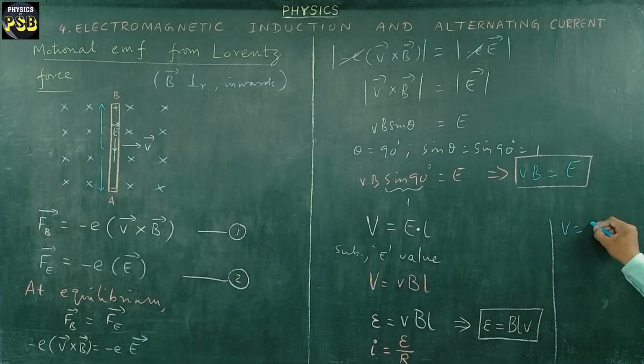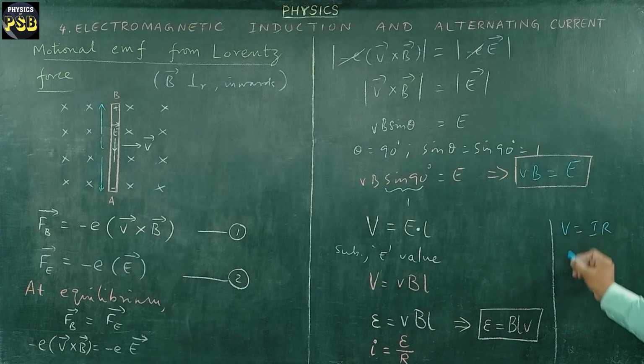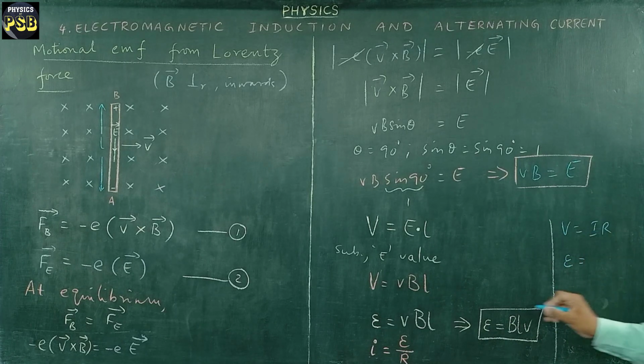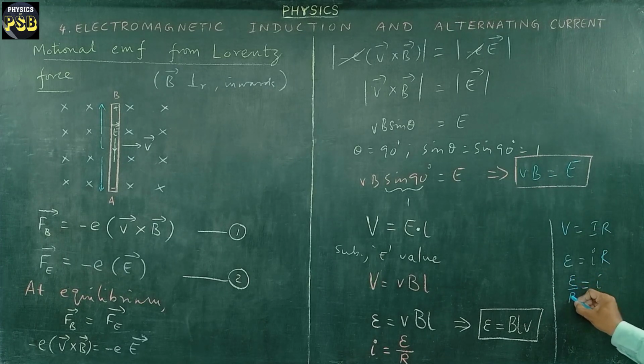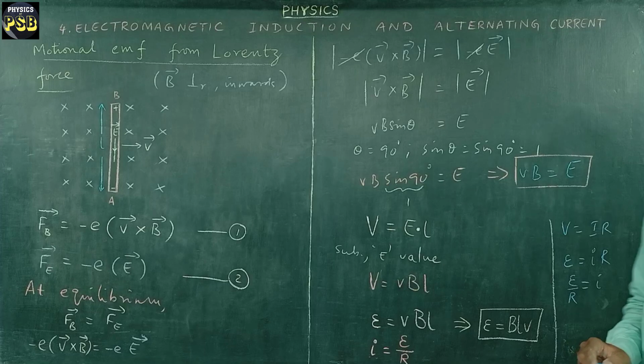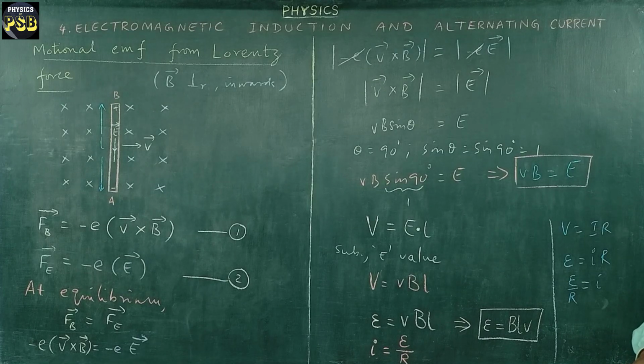Ohm's law is V equals I R. Here we have EMF in place of voltage, and small i in place of I, and R as such. So if I cross multiply, I get the value of I to be equal to epsilon upon R. This is how we get the current flowing in the conductor AB when it is made to move in a uniform magnetic field.